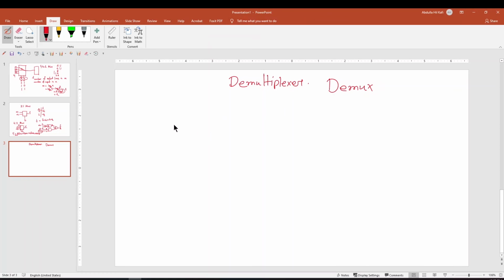So initially in the multiplexer we had multiple input lines. Now there will be one input line and multiple output lines. So like this, there are multiple outputs. So this is a 1 to 4 demux.